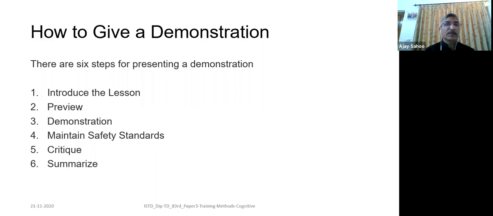Fifth is the critic. Critic is where you check on the evaluation stage. You check how the experiment of the student has gone and where the student has gone wrong.